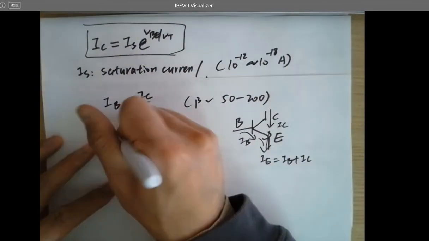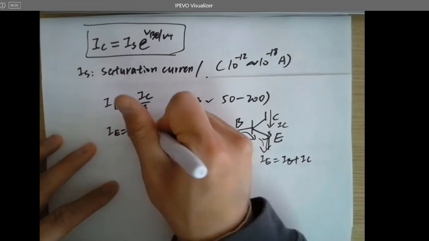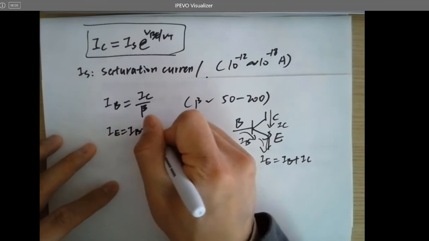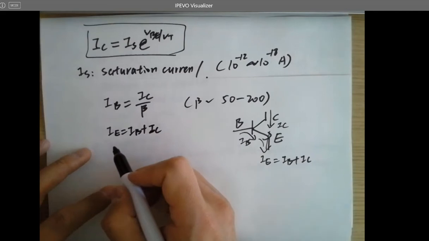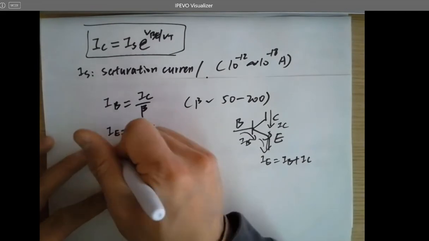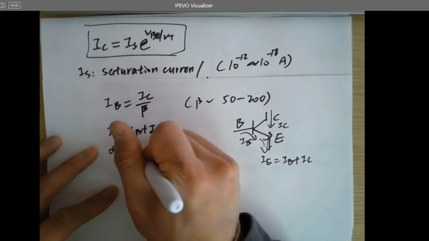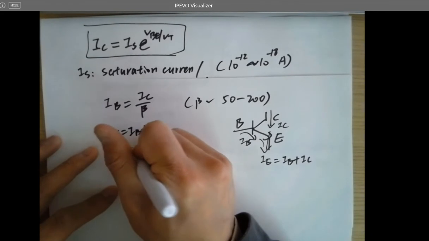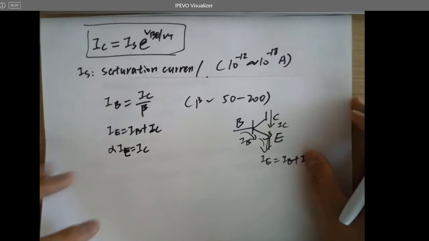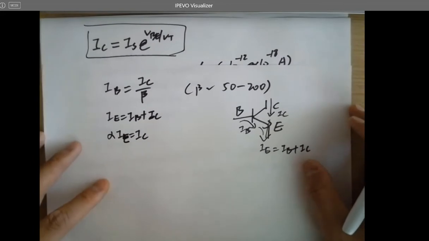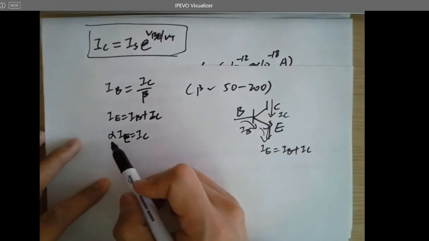So IE equals IB plus IC. And also there's a relationship between IE and IC. So alpha times IE equals IC. A quick question. Is alpha larger than 1 or smaller than 1?